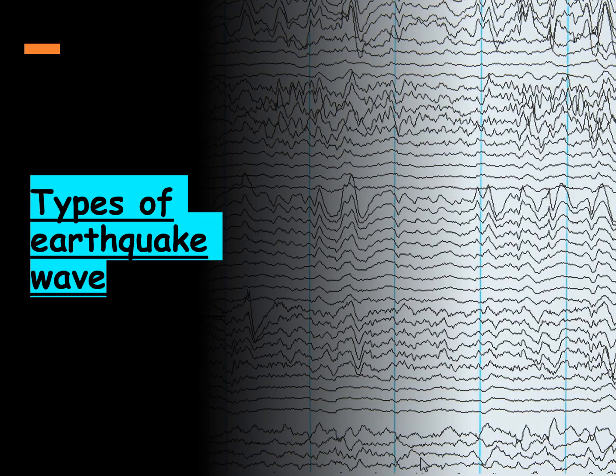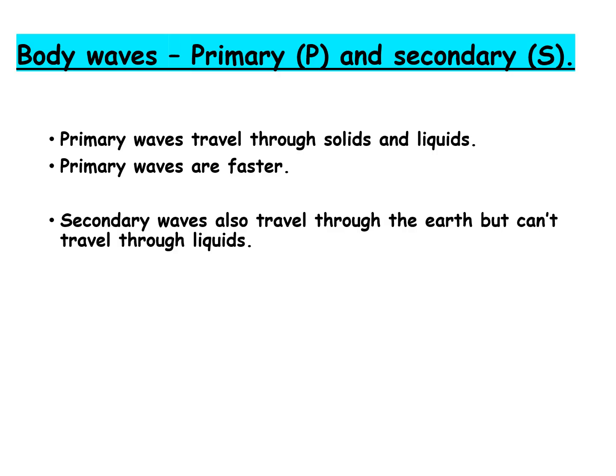So just a little bit on this, because this is mentioned, shock waves. And I say I don't want to get too bogged down on this. So the sorts of shock waves that are given off. So you get what we call body waves and you get surface waves. So I'll start with body waves first of all. Primary and secondary.